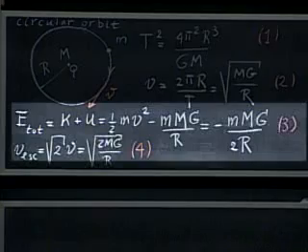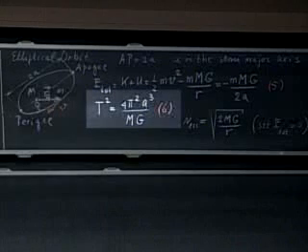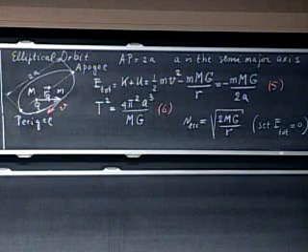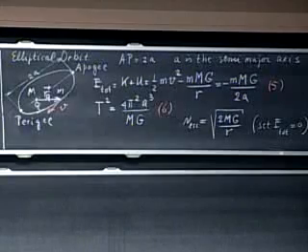And if you want to calculate the time to go around the ellipse, then you get an equation for T squared, which is almost identical to number 1 for the circular orbit, except that now the radius has to be replaced by a, which is the semi-major axis. And the escape velocity you can calculate in exactly the same way that you calculate the escape velocity under equation number 4.